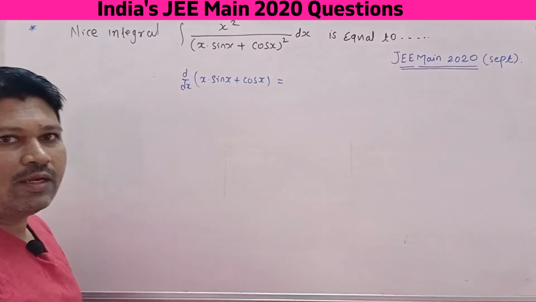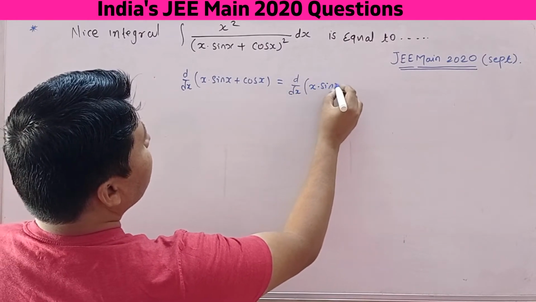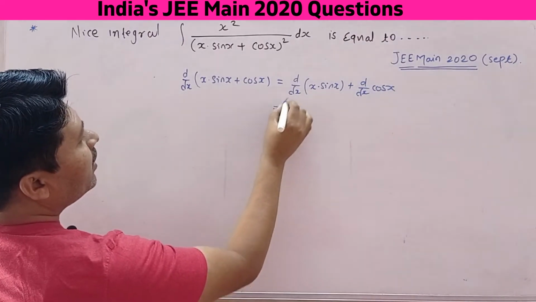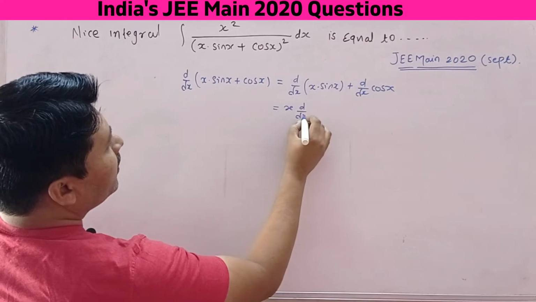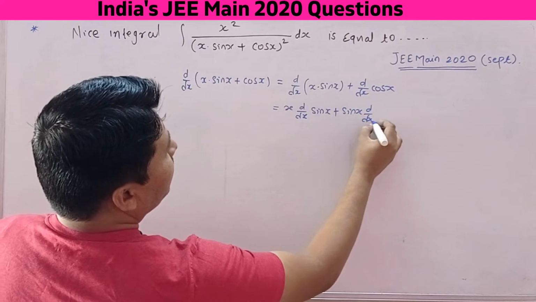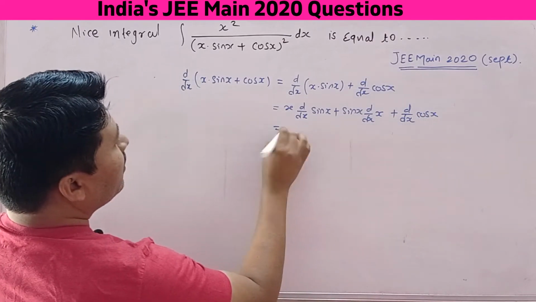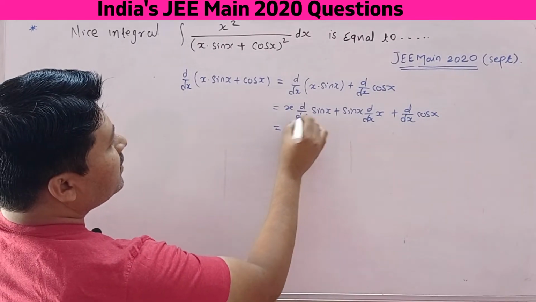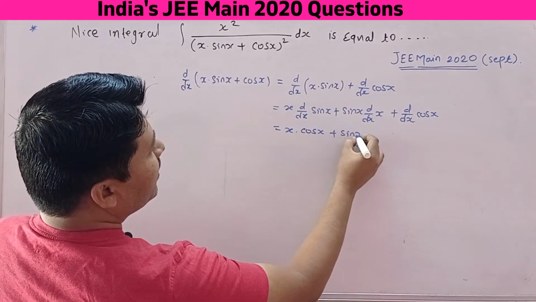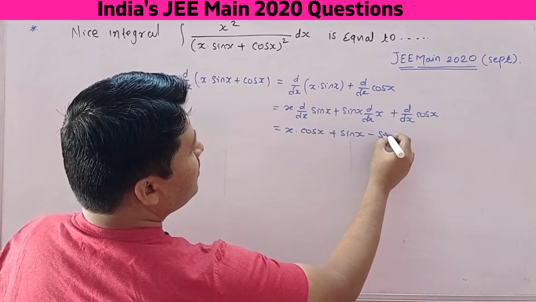Applying the product rule to x sin x, and the derivative of cos x: x times the derivative of sin x is cos x, plus sin x times the derivative of x is 1, and the derivative of cos x is minus sin x.